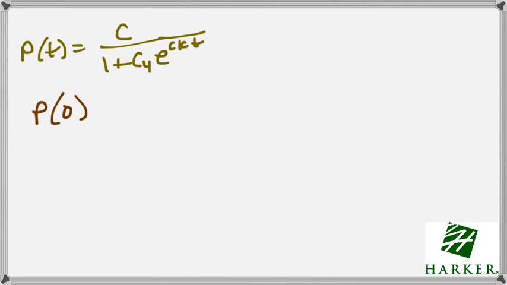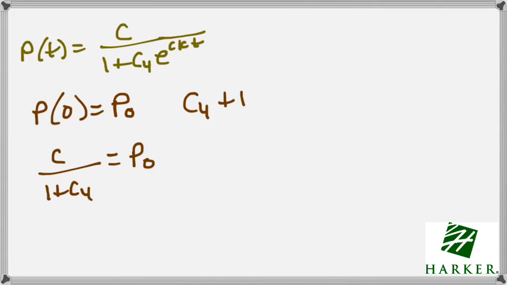So I know that C over 1 plus C4 equals P naught. I'm going to try to solve for C4. So I'm going to flip both sides. So 1 plus C4 over C is equal to 1 over P sub 0.